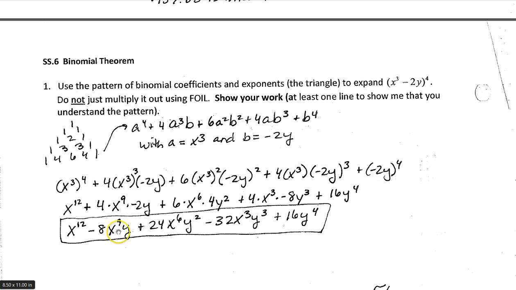Then I have 6 times x to the 6th times positive 4y squared, or 24x to the 6th y squared. The third term, 4 times x cubed times negative 8y to the third, or negative 32x cubed y to the third. And then this would be positive 16y to the fourth.